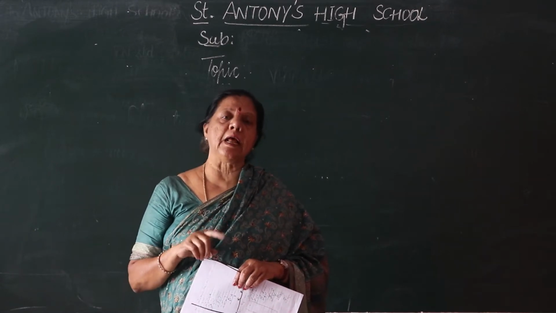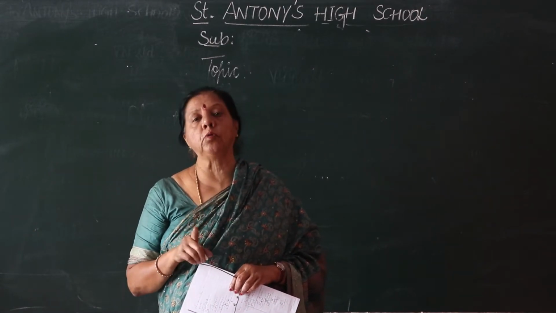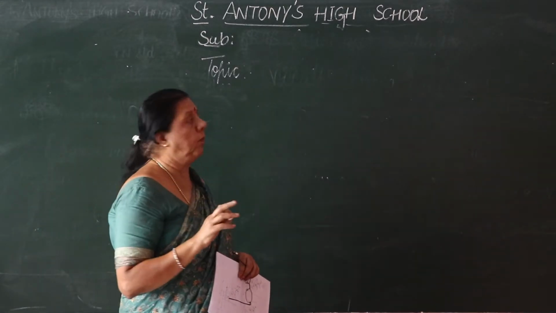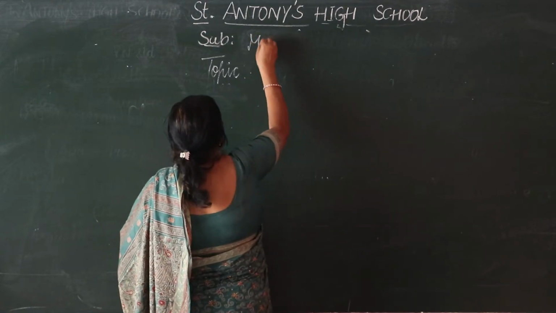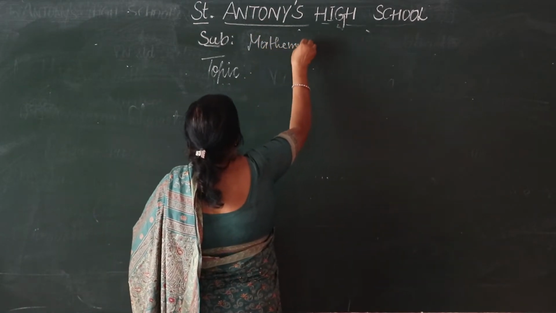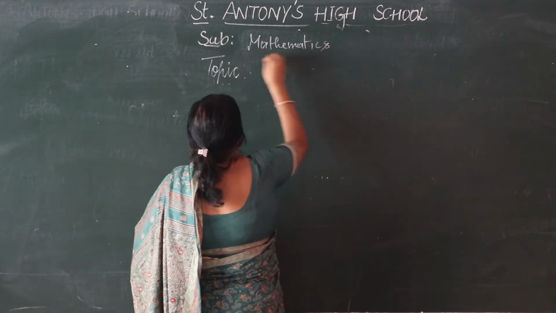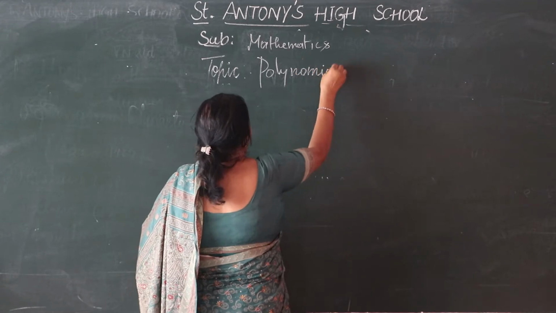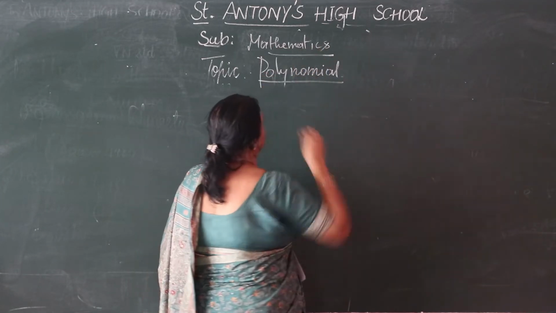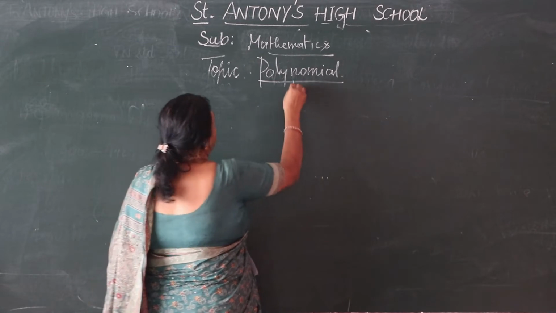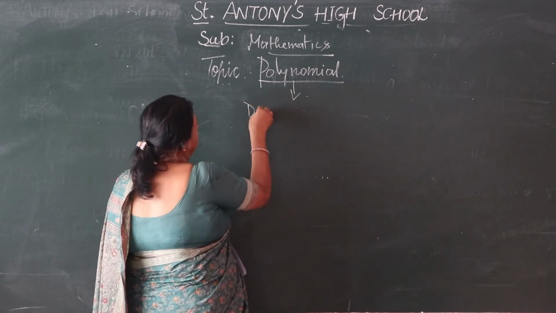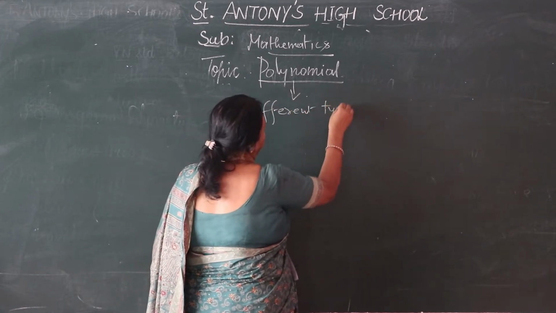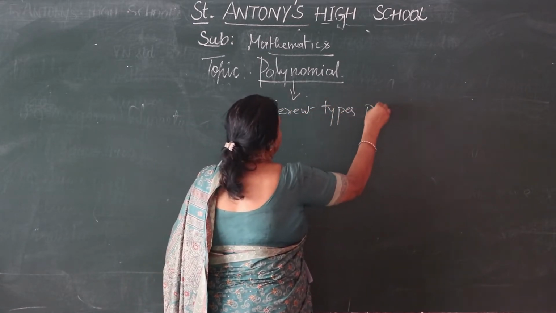So, in the previous class, I taught you about polynomial. What did I teach you? Polynomial. Look at the board, children. In the polynomial chapter you have learned about different types of polynomial.